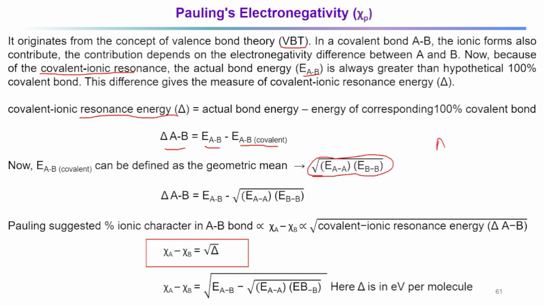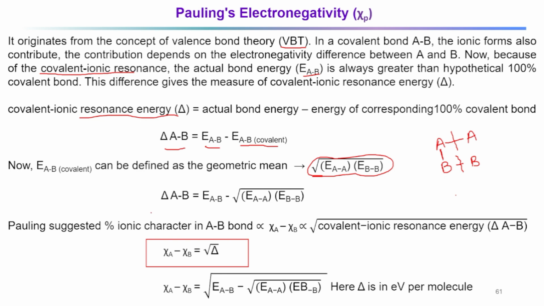To understand this, first we have this molecule A2 and we have this molecule B2. Now if you break these two bonds, and then you join this A and B, the energy of this AB will actually equal this value, square root of energy of AA multiplied by energy of BB.